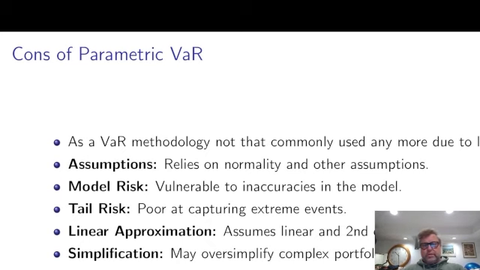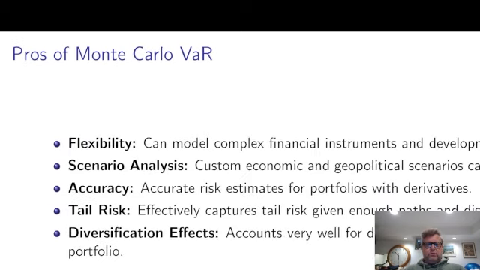Also, traders can arbitrage it. They know how the model works. It's very bad at tail risk because it just has this normal assumption and this linear assumption with first and second order relationships, and it just really oversimplifies complex portfolios. Having said that, it's still used commonly in all kinds of forms.